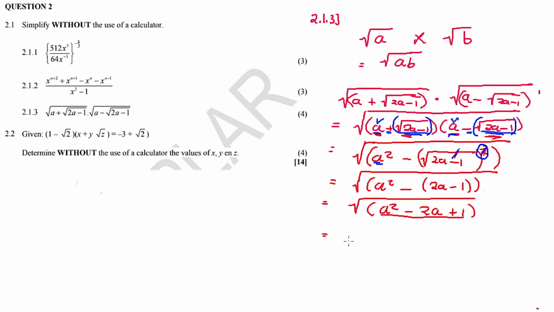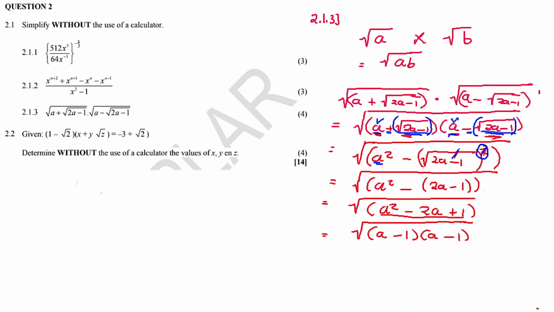You factorize this. When we factorize, you'll see that I actually have a minus 1 and a minus 1, like this. I need two numbers that multiply to give positive 1: minus 1 and minus 1. And the very same numbers, when I add them, give me minus 2. Minus 1 and minus 1 give me minus 2.